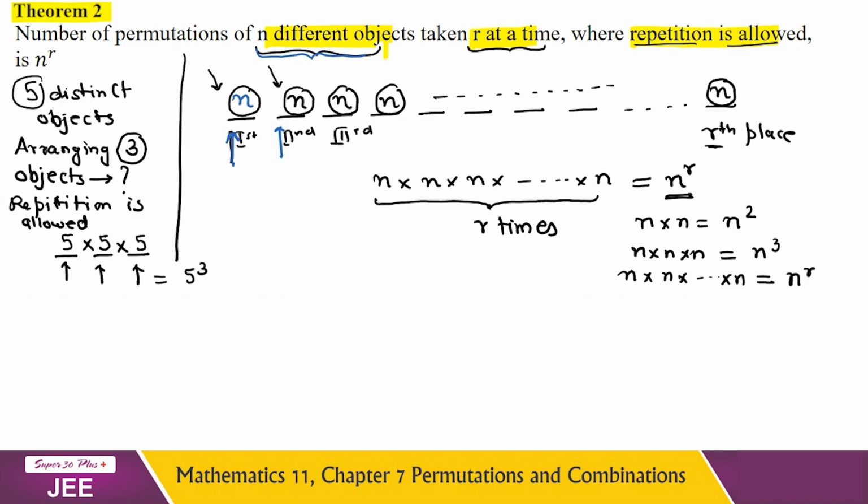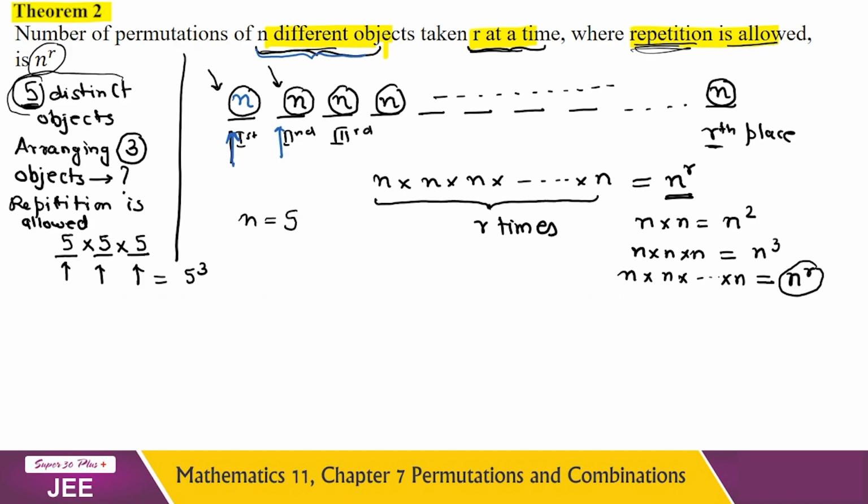And this is what our formula also says, that if we have n different objects and out of these r are taken at a time and arranged, then when repetition is allowed, the total number of permutations is going to be n raised to the power r. So here in this example, what was the value of n? I had taken 5 objects, so n was equal to 5.